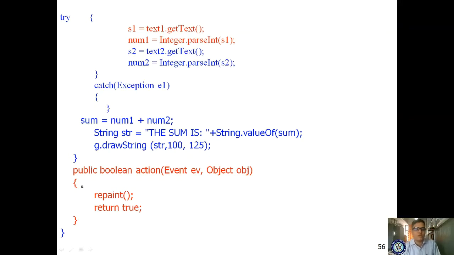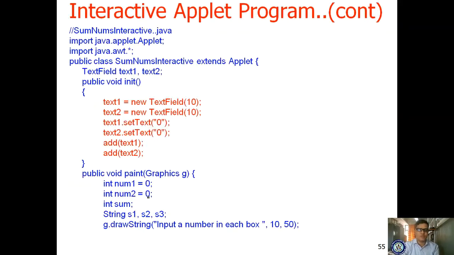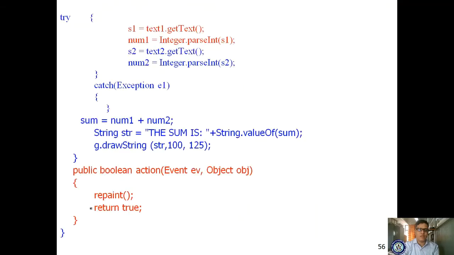Now please observe here, public boolean action. We are taking an Event object ev and an Object reference obj. Now you are calling repaint. Whenever you call the repaint method, it will call the paint method, right? And it will return true. What is the purpose of the repaint method? You can give n number of interactions, and according to each interaction it has to execute.